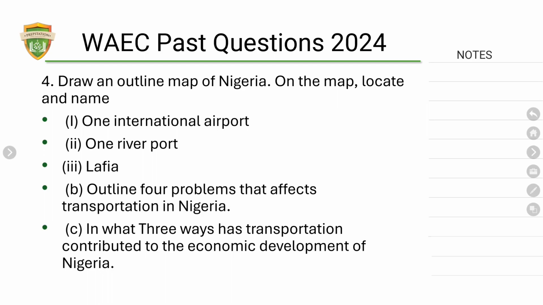Draw an outline map of Nigeria. On the map, locate and name 1 international airport, 1 river port, Lafia. Outline 4 problems that affect transportation in Nigeria. In what 3 ways has transportation contributed to the economic development of Nigeria?